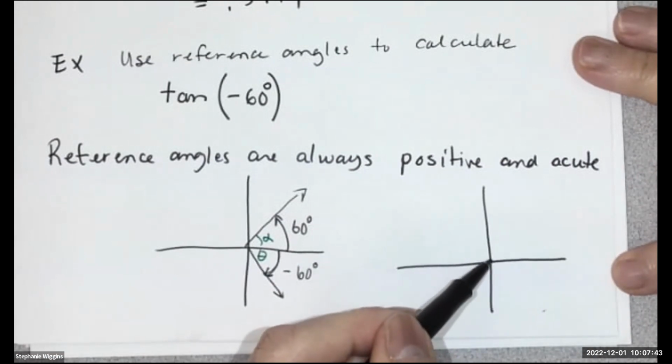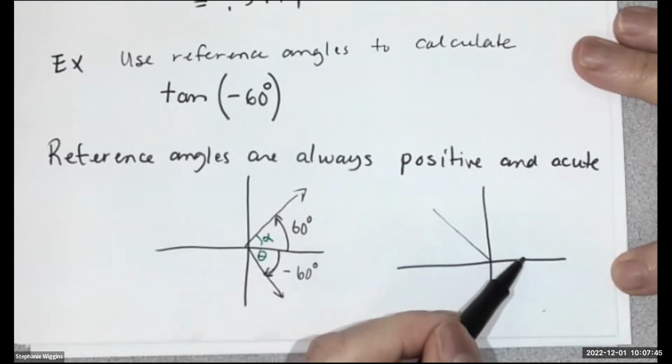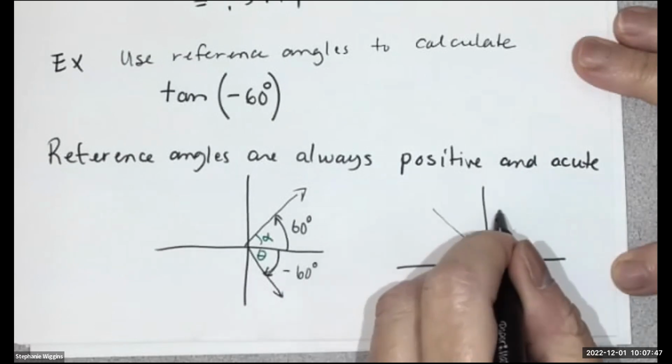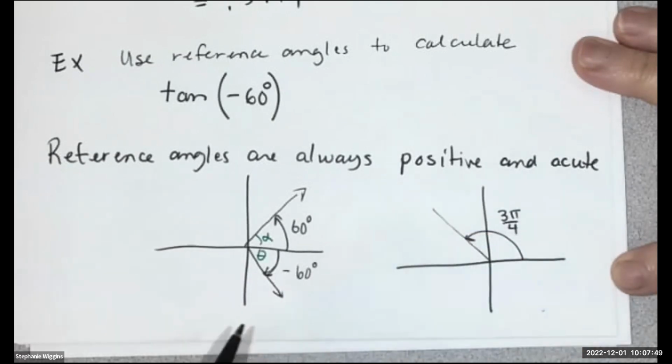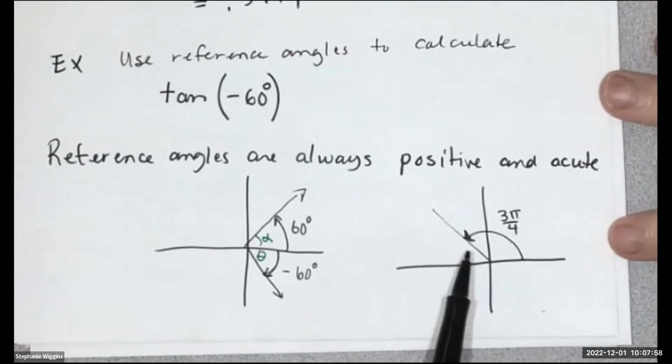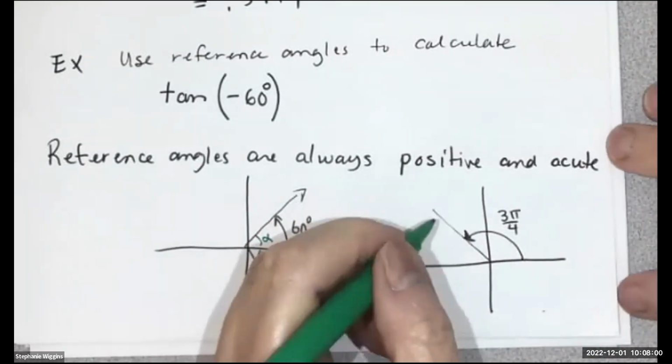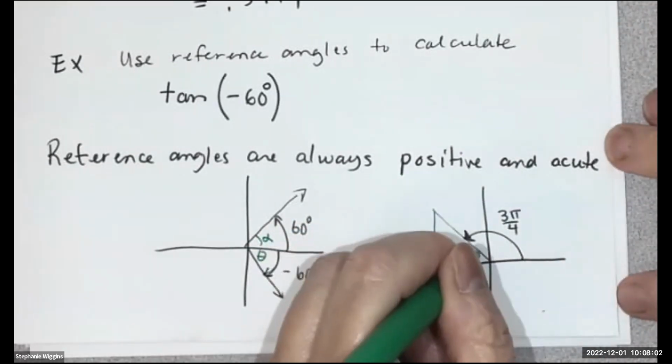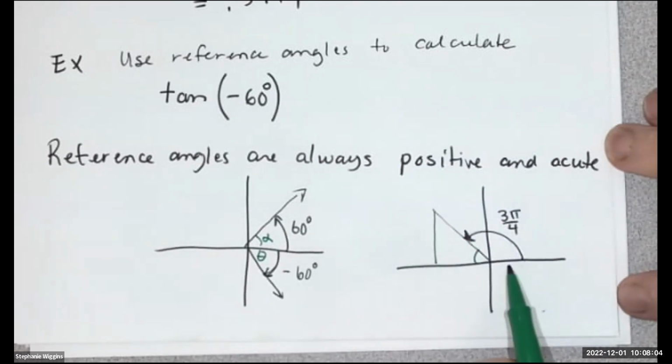So here, if we're looking at this angle, let's say 3 pi over 4, okay? This is an obtuse angle. So to reference this angle, we look at the angle that is formed by creating the triangle there.